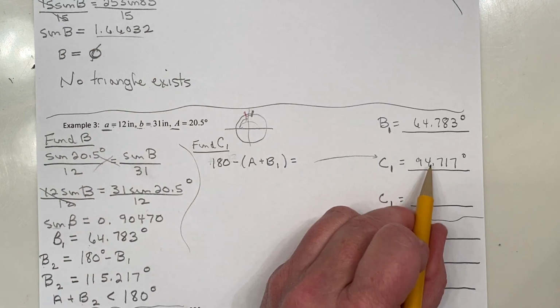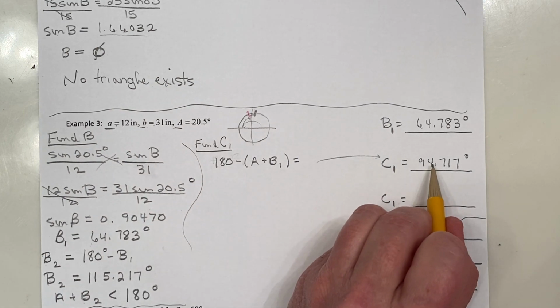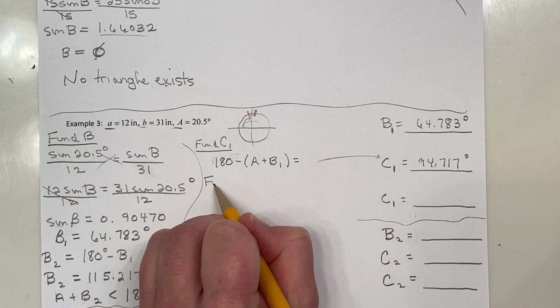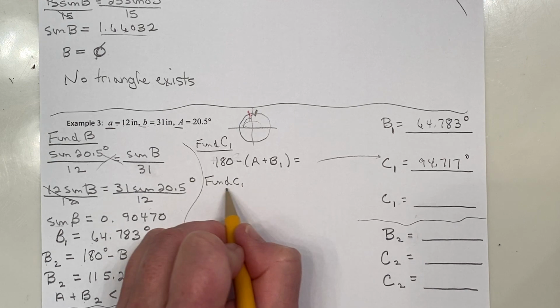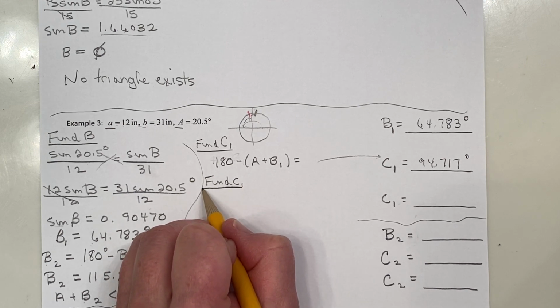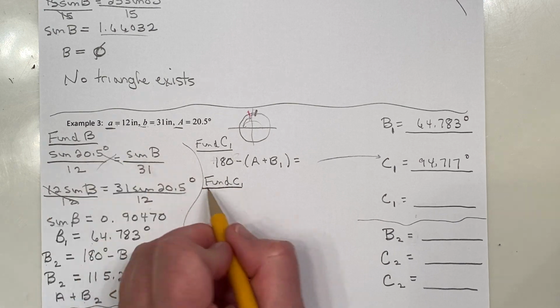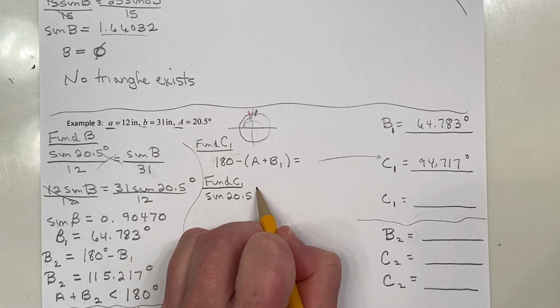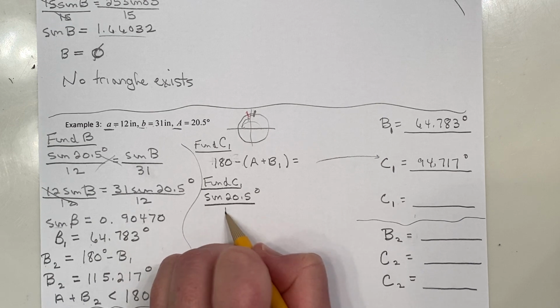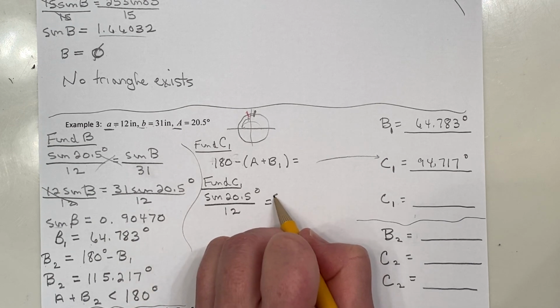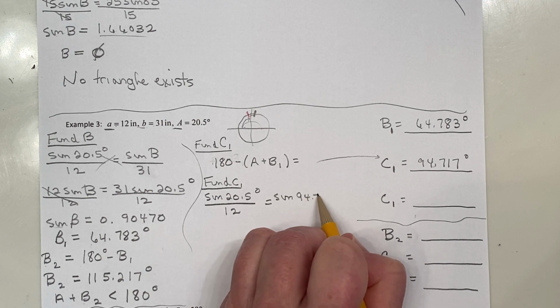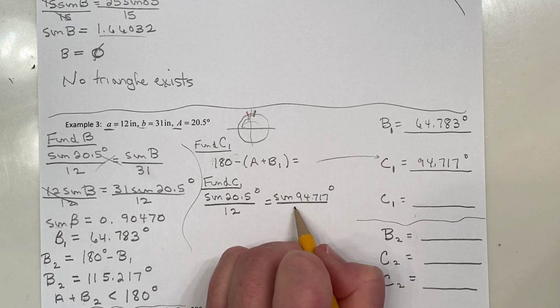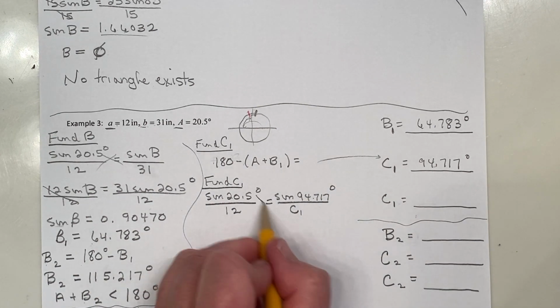So now how do we find the side that's across from this angle measure? Well, let's find c sub 1. I'm going to go back to the given and set up my fraction with the A's in it. Find the sine of 94.717 degrees divided by c sub 1. Let's cross multiply.